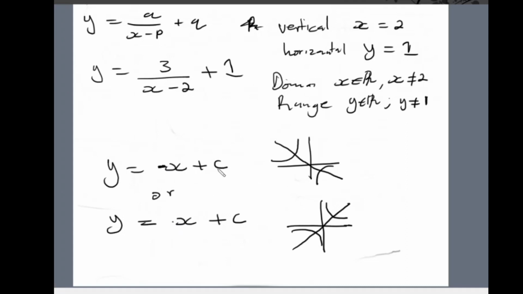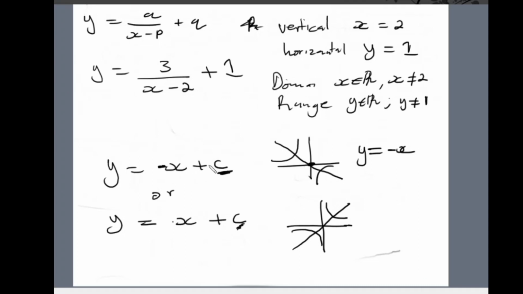So for the other forms of the hyperbola, the next thing that you'll need to do is to determine the value of c, which is the y-intercept. For the standard form, like in this case, this is the standard graph for the hyperbolic function. For the standard form, this line will be minus x, because the y-intercept is 0, which means c is 0.